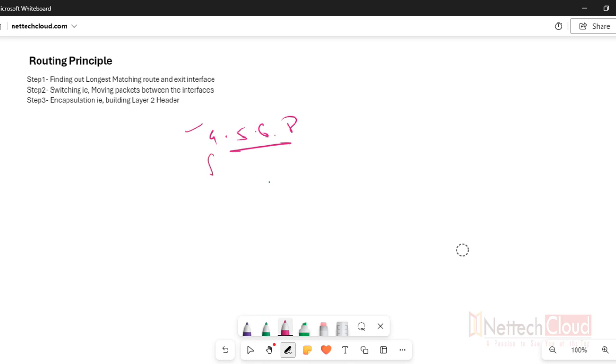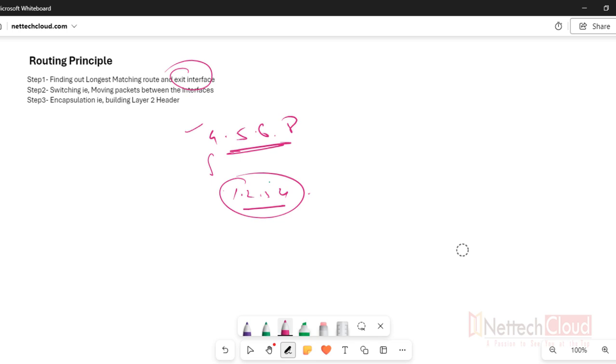Let's say in the next lookup, in order to reach 4.5.6.7.8, the next hop IP address should be 1.2.3.4. Then again one more time recursion will be done. How to reach 1.2.3.4, right? So reverse routing table lookup or recursion will keep on happening till the exit interface is determined.